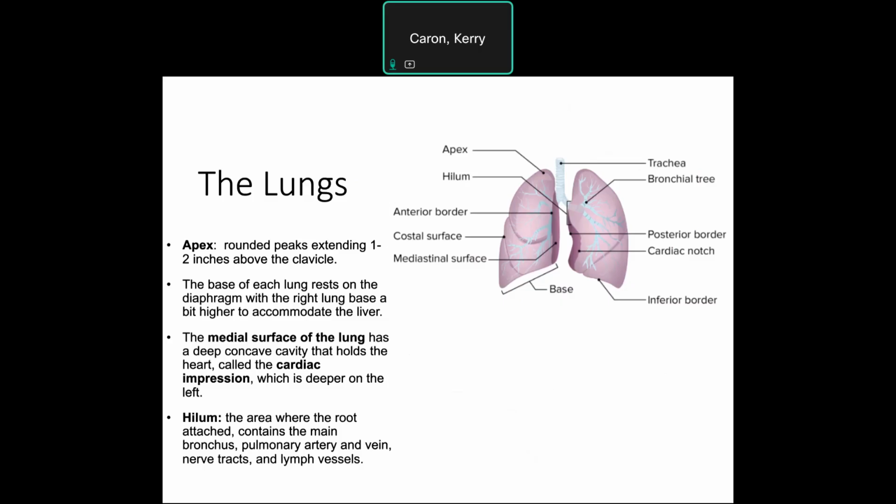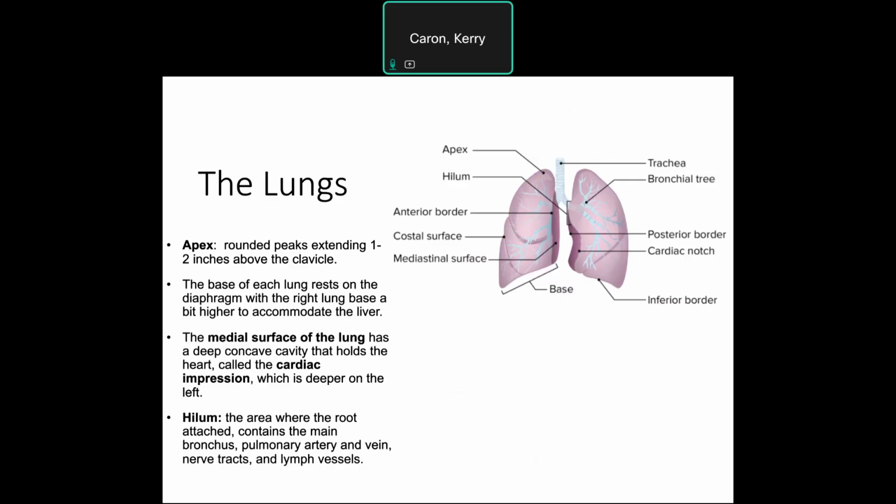And then the lungs. The rounded tops of the lungs are called the apex, and they're about 1 to 2 inches above the clavicle. The base of the lungs rests on the diaphragm. The right is a little higher than the left because it has less of an angle.